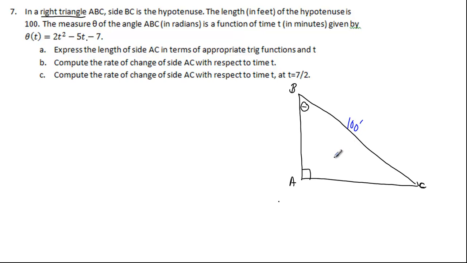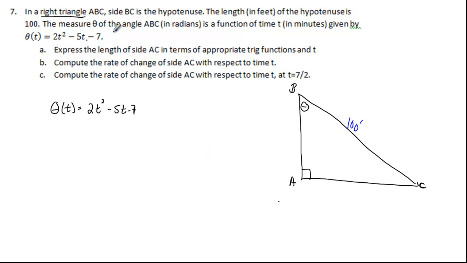So this is a moving part. So this is something that is not constant, it's a moving part. The only value that is constant is the hypotenuse of 100 feet. So notice here that we have a given that theta in terms of time is equal to the function 2t squared minus 5t minus 7.